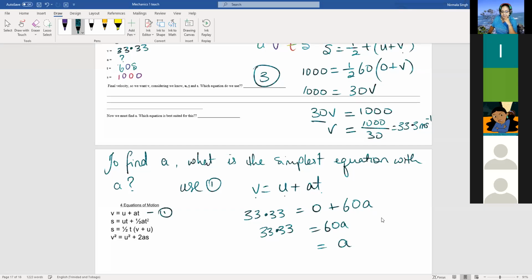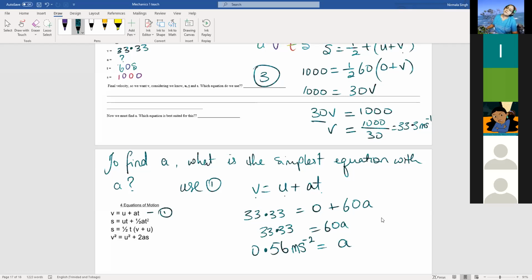A will be 33.33 divided by 60, and that's going to give us 0.56. You all got that?